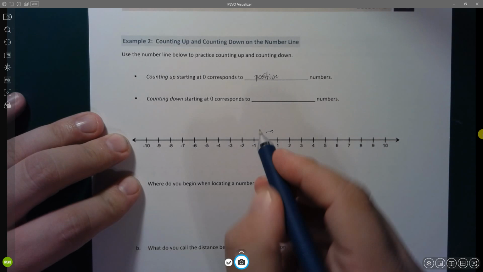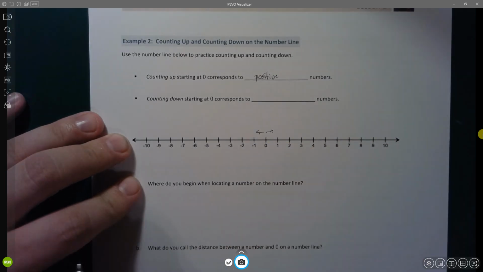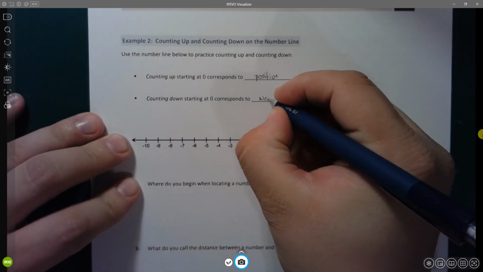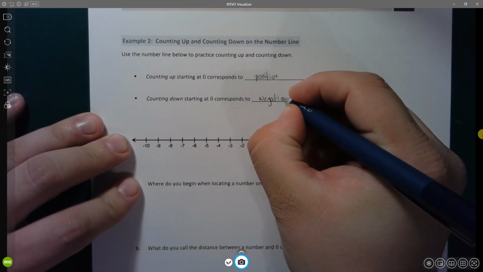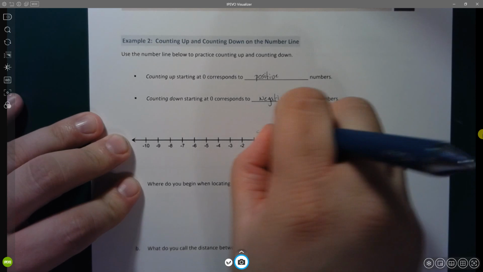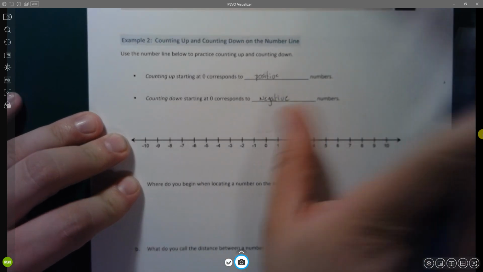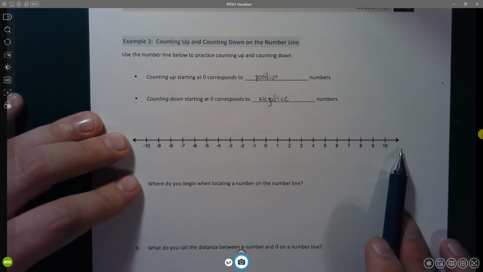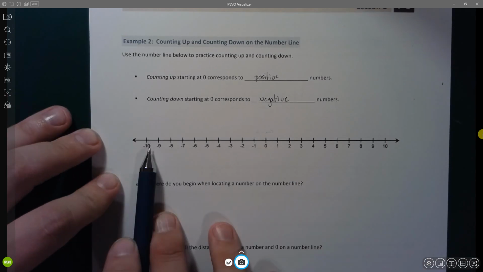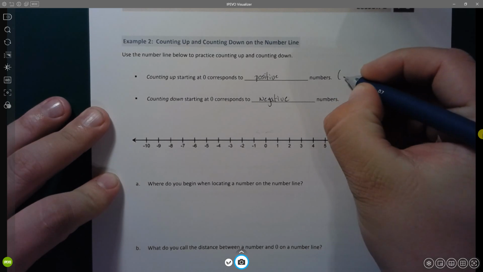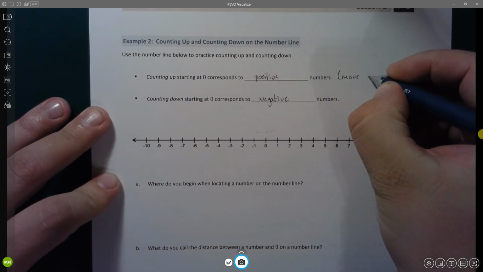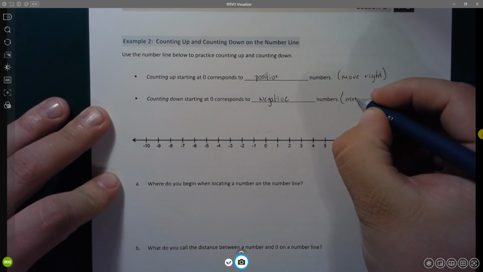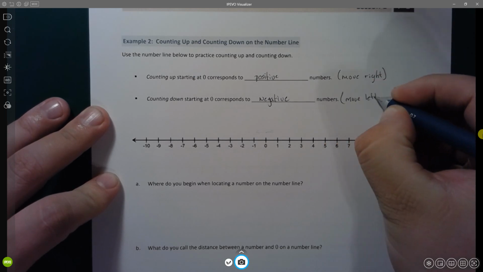If we start at 0 and count down, we're talking about negative numbers. That's the difference between positive and negative: the direction on the number line that we move. On number lines, we move right for positive numbers, and we move left for negative numbers.